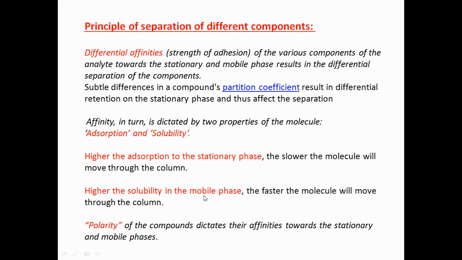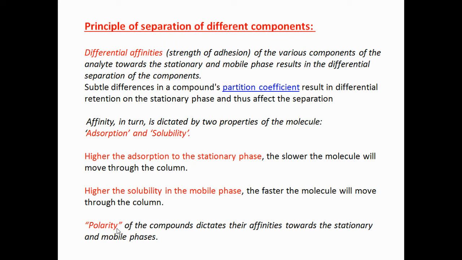These two are the important points we have to remember for the separation of the components in a mixture. And this affinity takes place when the sample is loaded because of the polarity of the compounds, because many molecules are polar as well as non-polar. So it depends upon the affinity towards the stationary and the mobile phase.